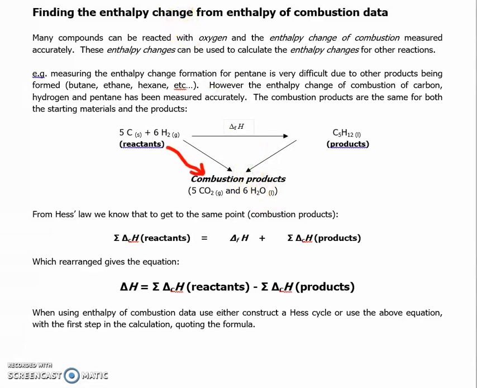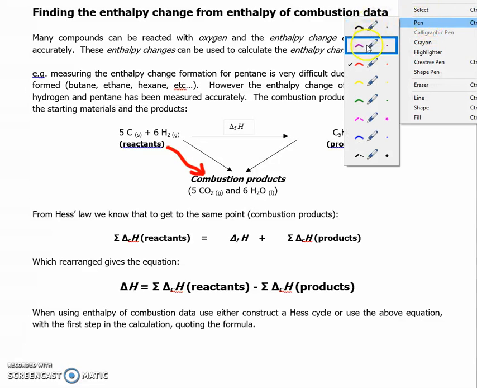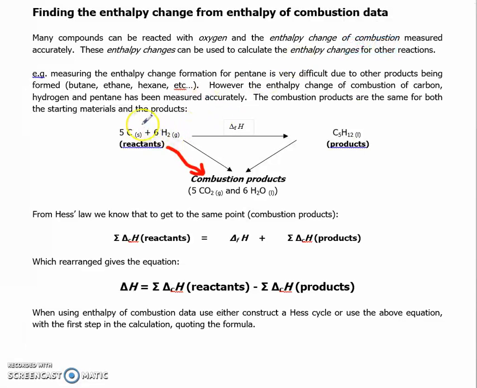Hess's law states that regardless of the route taken, the enthalpy change will be the same. So this means that the overall enthalpy change for the combustion of the reactants will be the same as the enthalpy of formation of pentane and the enthalpy of combustion of pentane.